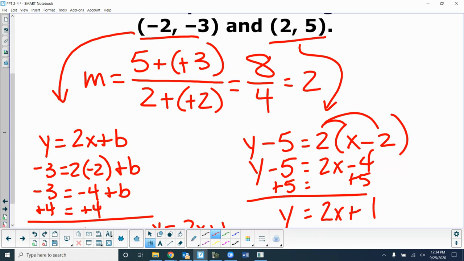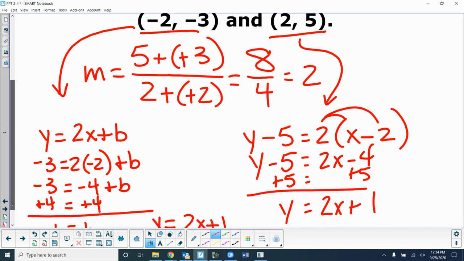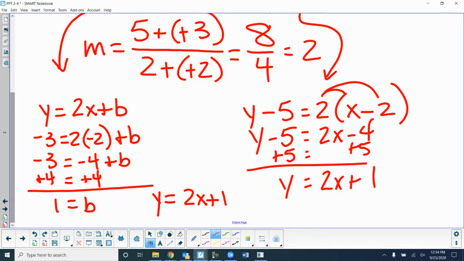You see? Either method works, either point works. But you need both points to find what? The slope. Abigail. Okay, I got -1. Should be positive 1. Either way you do it.